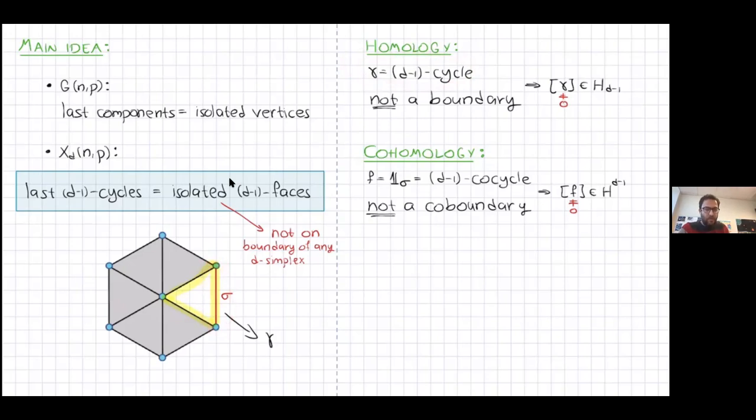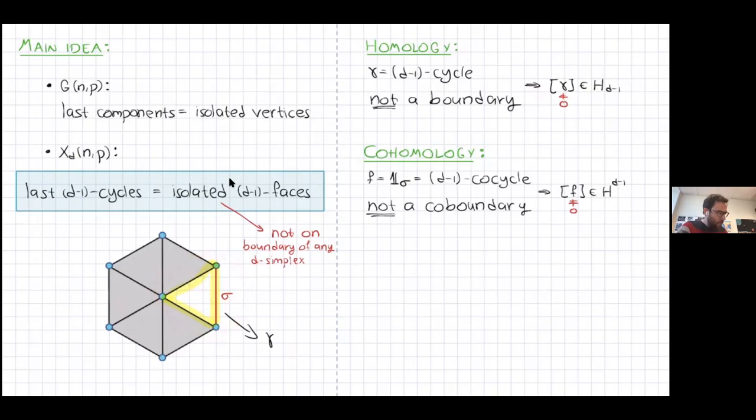In order for a cycle to be a boundary, all the edges have to come from the boundary of some two-dimensional shape, but this cannot happen here. So this triangle on the left will definitely contribute a class to the d-1 homology. As you see in the picture, it definitely contributes a hole.